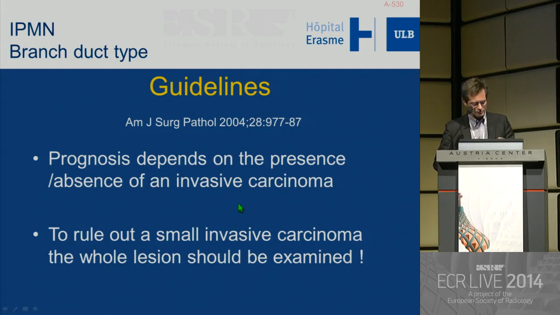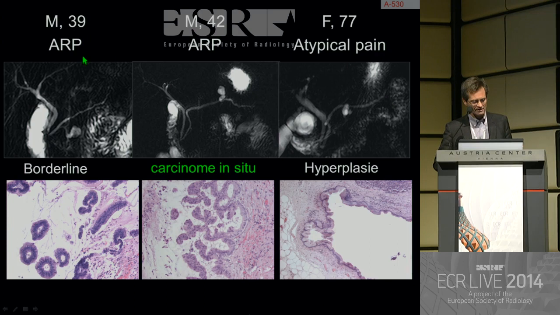And for the pathologist to make the diagnosis, he should have the whole lesion examined, and this is difficult to address nowadays. Just 3 different examples with patients that had either atypical pain or acute recurrent pancreatitis episodes. The lesions are quite the same at MRCP, and you see this is a borderline lesion, this is a carcinoma in situ, and this is an hyperplasia. So no way of doing the differential diagnosis without looking at the whole specimen.